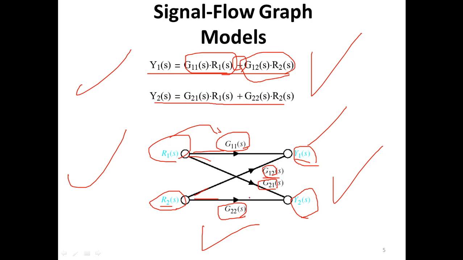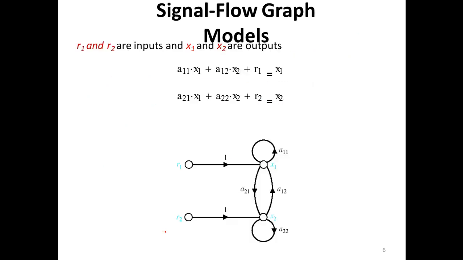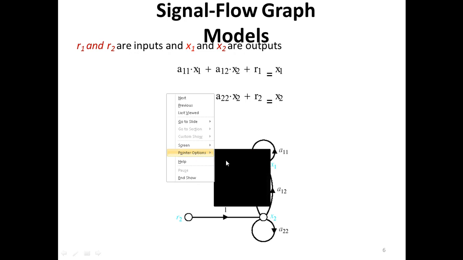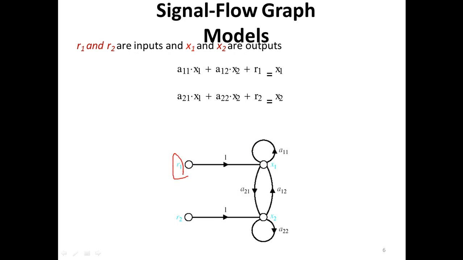So this is another method in which you can represent your system, instead of writing the equations, using this flow diagram. You can see that in this diagram the inputs are R1 and R2, highlighted in blue, and there are two nodes, X1 and X2.